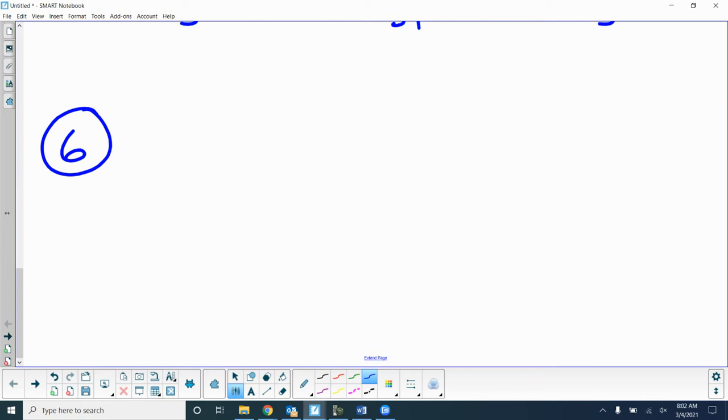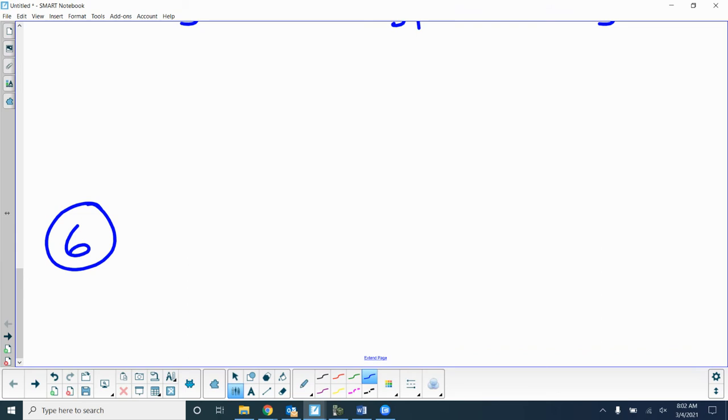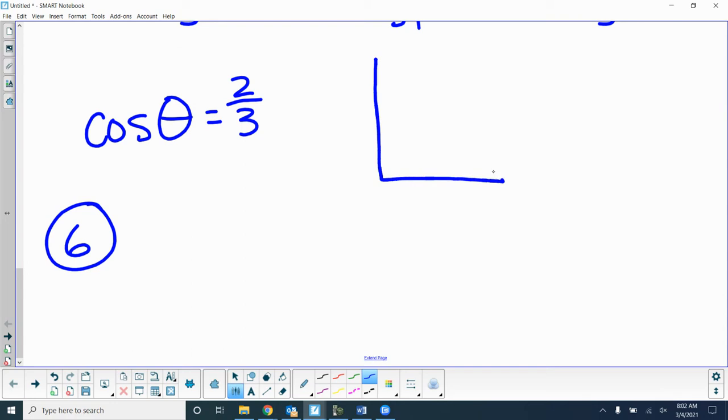So first of all, let's do our picture. The information you're given is that the cosine of theta is 2/3. So that's what I'll do tomorrow. I'll give you a trig function equals some fraction. So you draw the picture of your triangle that goes with it.